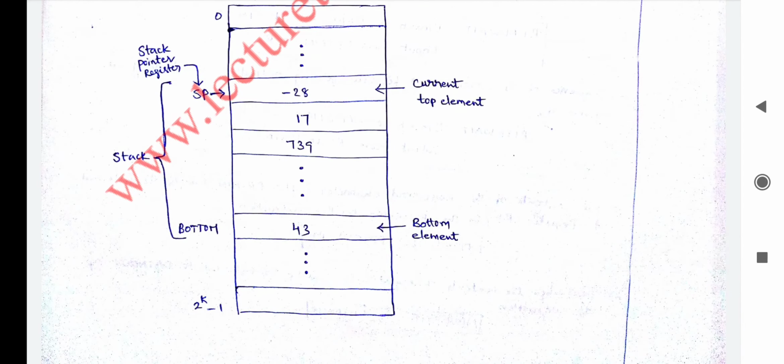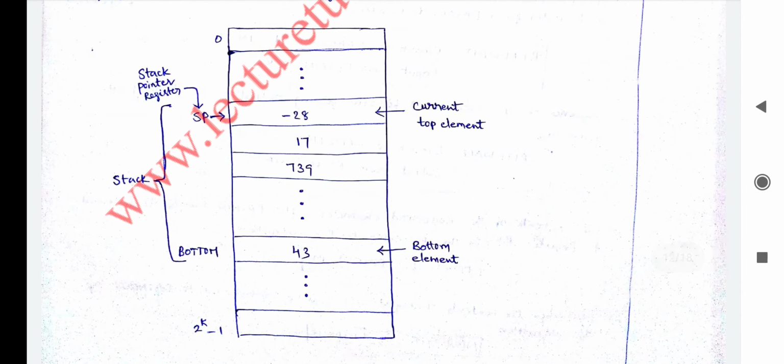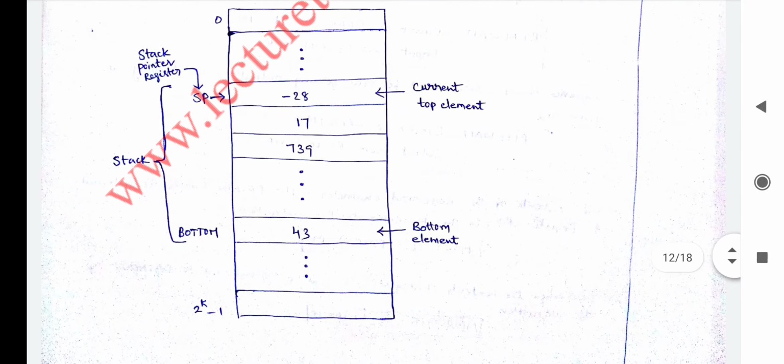You see this is a stack which contains some blocks. Here, SP is the stack pointer, which points to the current top, containing minus 28. The next elements contain 17, 739, and some more elements, and the bottom of the stack element is 43, right. 43 is the bottom element, and the top element is minus 28.